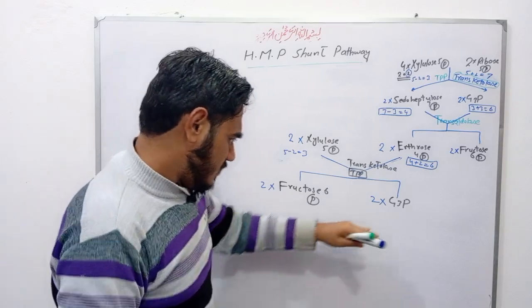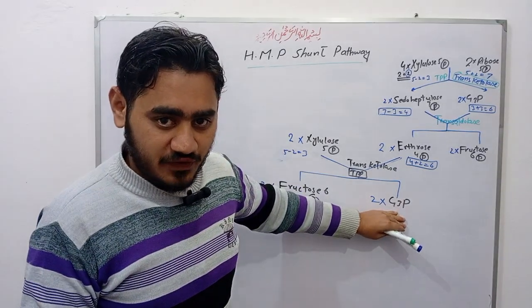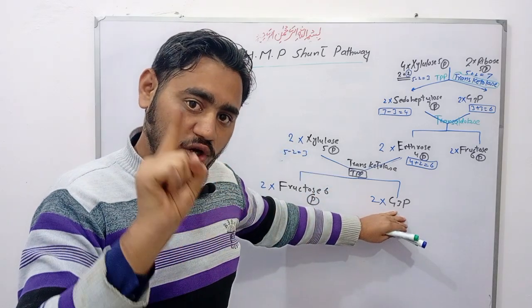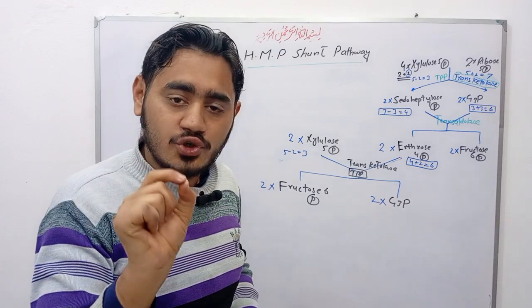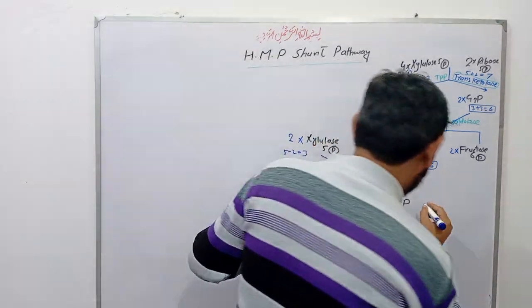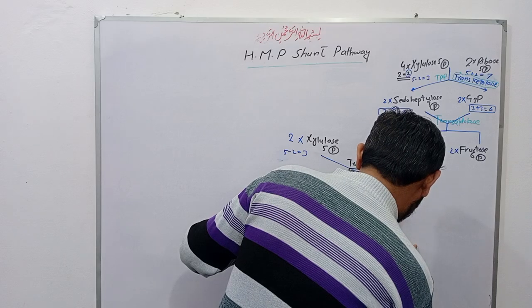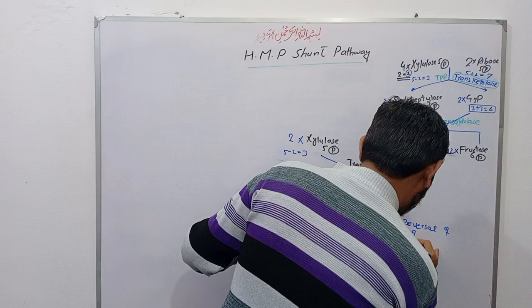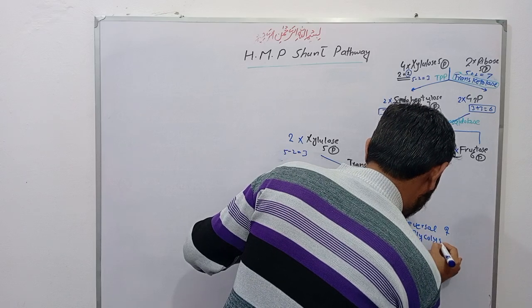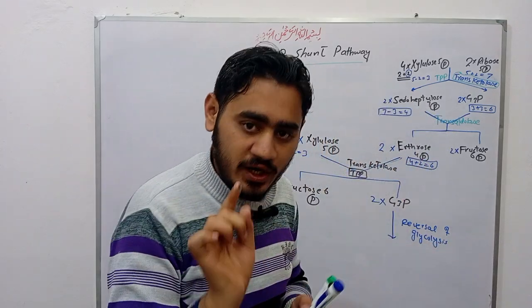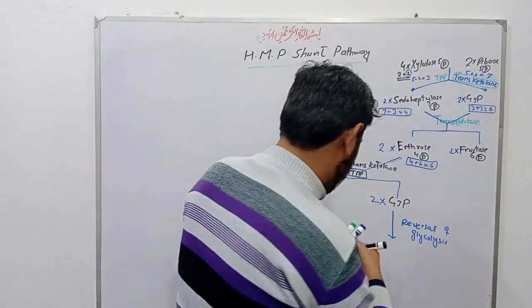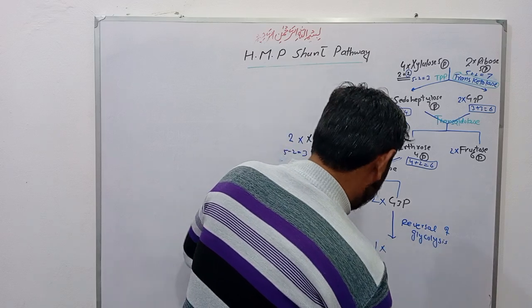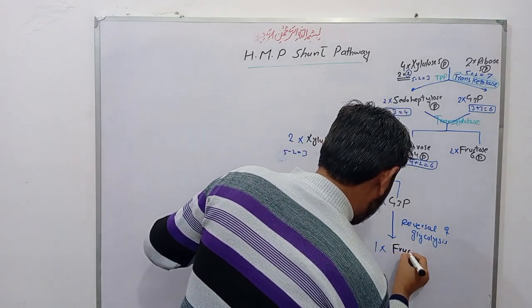Now the 2 molecules of glyceraldehyde 3 phosphate, through reversal of glycolysis, form only 1 molecule of fructose 6 phosphate.